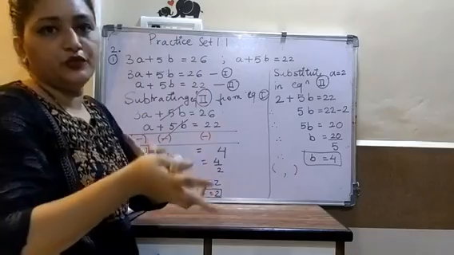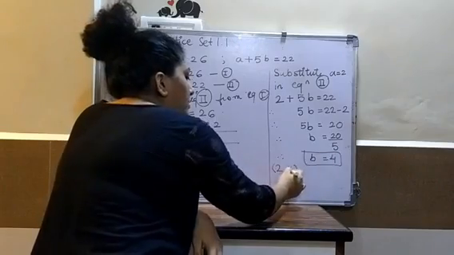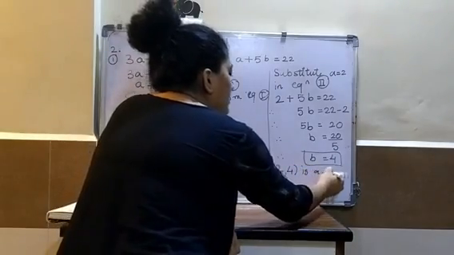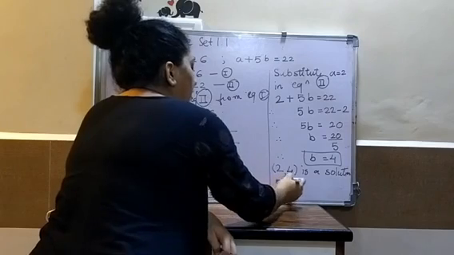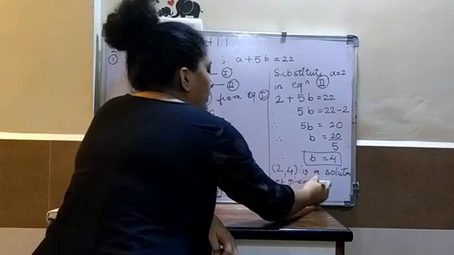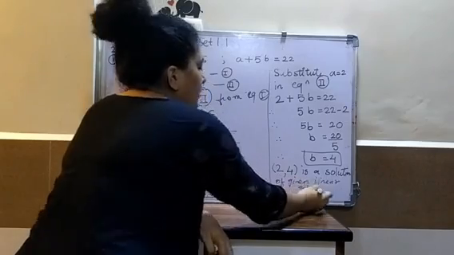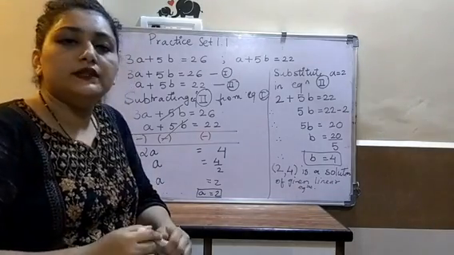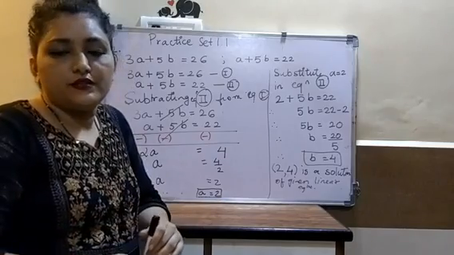Don't change their positions. Now a is equal to 2 and b is equal to 4. Okay, and you will write down is a solution of given linear equations. Okay, (2, 4) is the solution of our given linear equations.